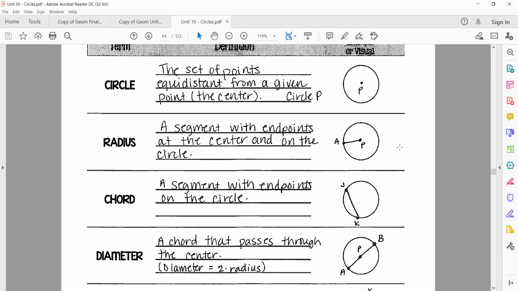Has anybody ever flown out west and seen the big irrigation circles in the farm fields? Okay, apparently not.